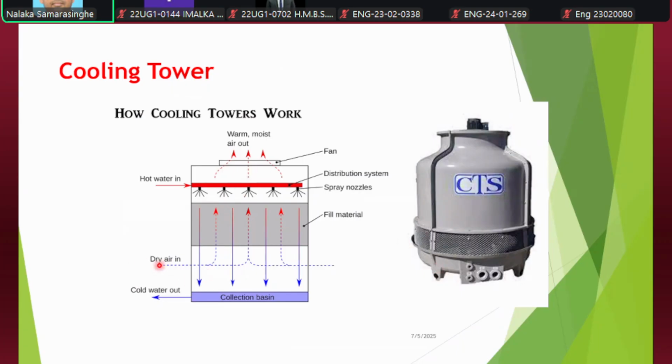So dry air is coming in, going to the top and getting out of the cooling tower at the top. As a result, you can see the flow of air and the flow of the water that is being sprinkled at the top are opposite to each other. So the heat from the water will be rejected into this, and there is also a filler material here.